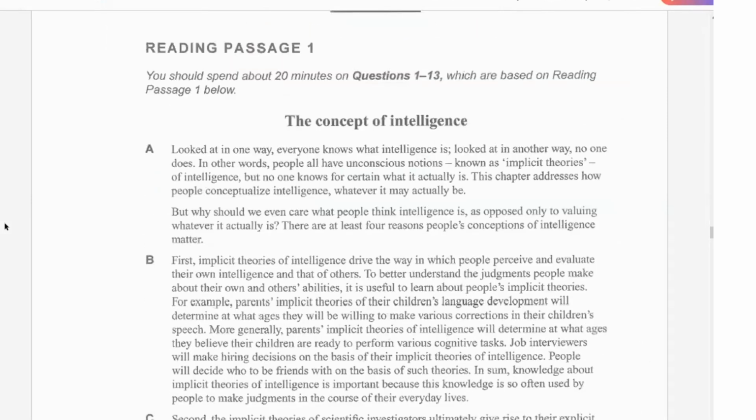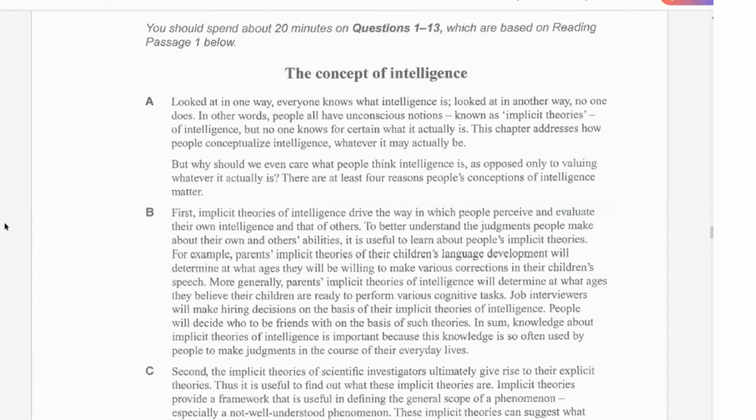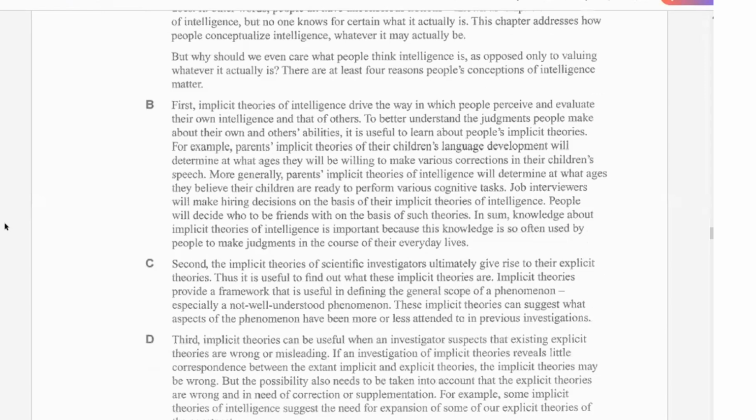Let me see, paragraph C. Implicit theories is here. Implicit is here again. Implicit theories can be used when an investigator suspects that explicit theories are wrong.